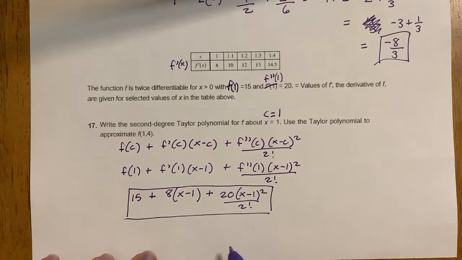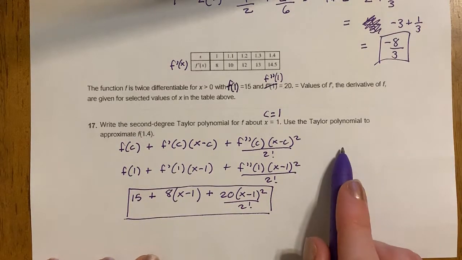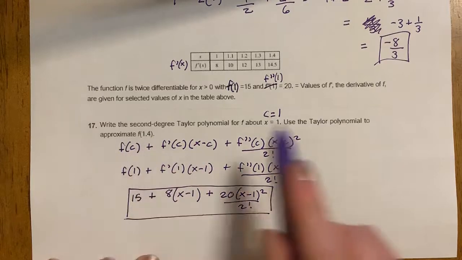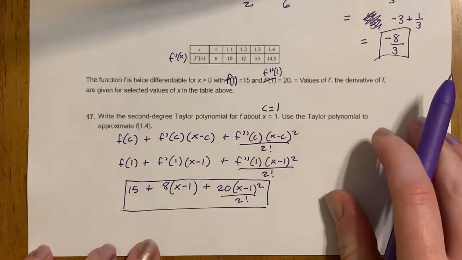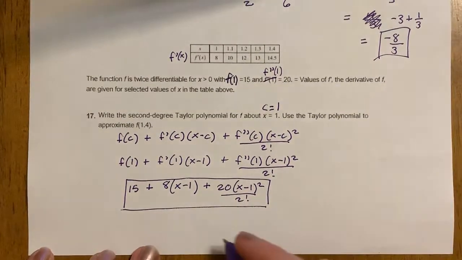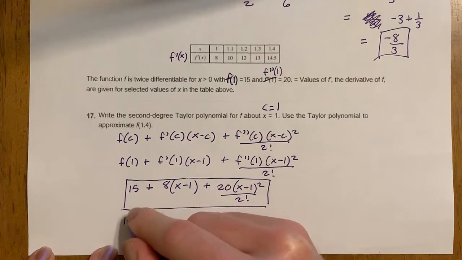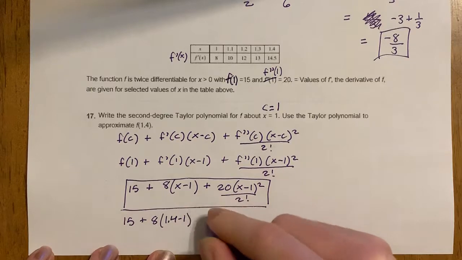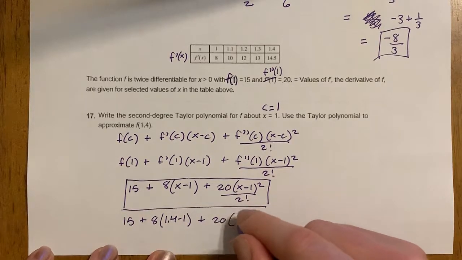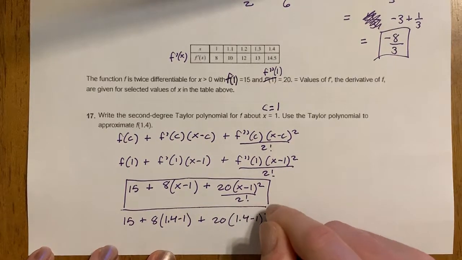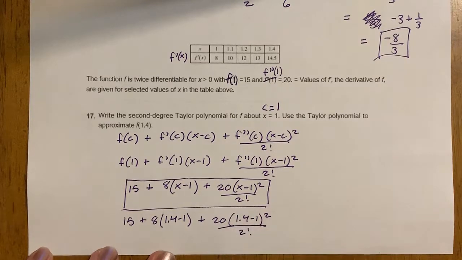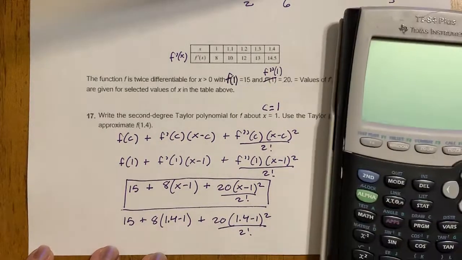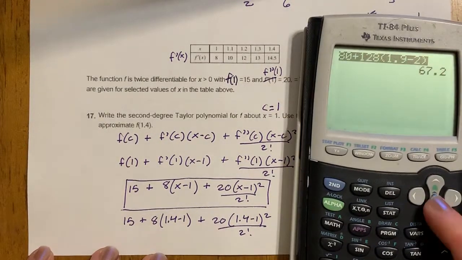So that's most of the question, and then the last part says use the polynomial to approximate f of 1.4. All that means is I'm going to plug in 1.4 for x. So 15 plus 8 times 1.4 minus 1 plus 20 times 1.4 minus 1 squared over 2 factorial. And good news, these are usually calculator questions.